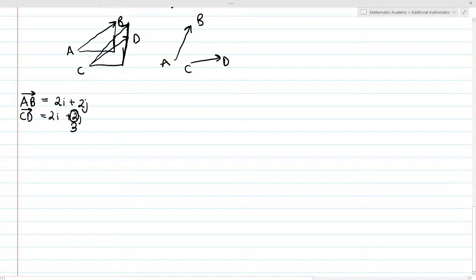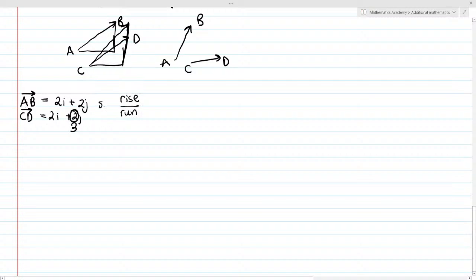But we don't always want to draw a diagram and think about steepness and all of that, and it might be complicated in other cases. So how can we use the numbers that we have here straight away in order to tell that they are not parallel? Well, what we can do is think about the gradient of a vector, or the slope of a vector. So the slope of the vector AB over here is just the rise over the run.